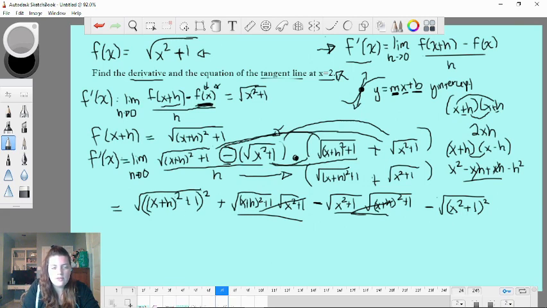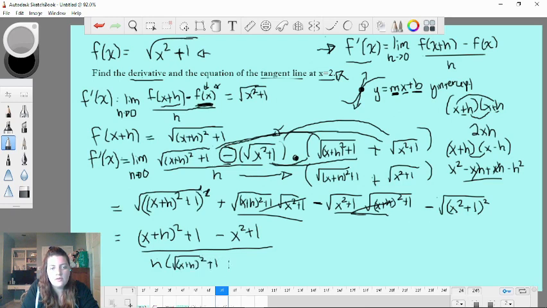I'm going to go ahead and simplify the top real quick and then write it how it's going to be. The square root of something squared is itself, so you'll have x plus h squared plus 1 minus x squared plus 1, all over h times the square root of x plus h squared plus 1 plus the square root of x squared plus 1.